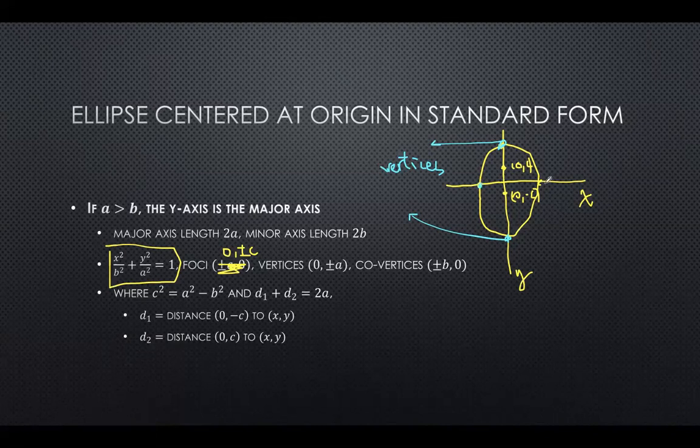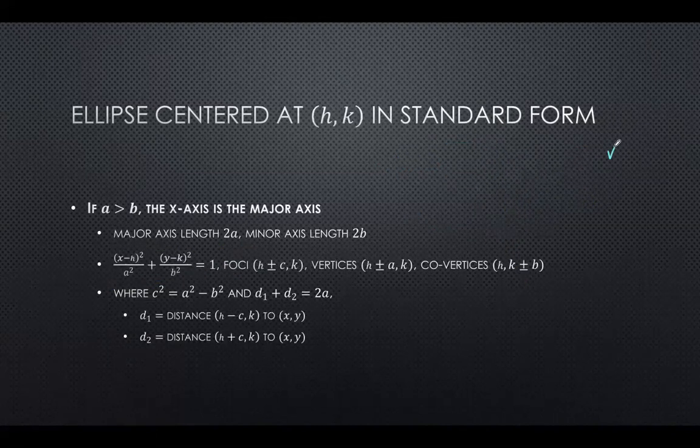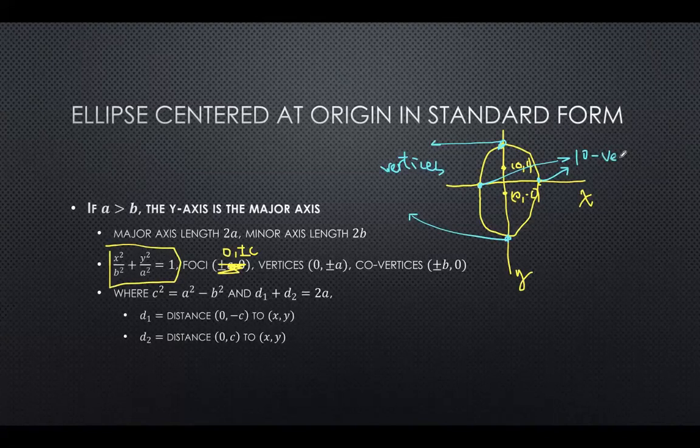And these two points that are on the minor axis are called co-vertices. Okay.